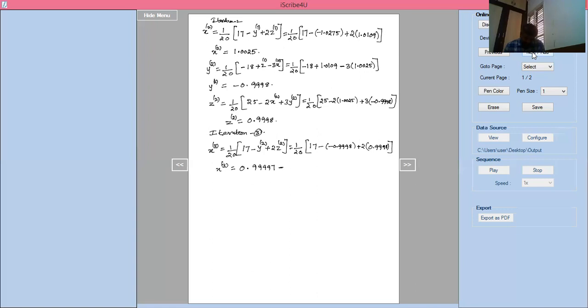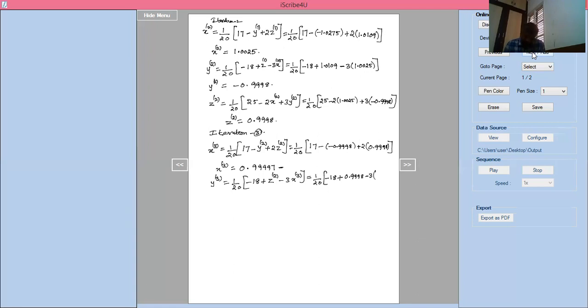Next, y of 3 equal to 1 by 20 into minus 18 plus z of 2 minus 3 into the new value x of 3. In the second iteration, how I have done, the same way I'll continue. So now 1 by 20 into minus 18 plus z of 2, which is 0.998, minus 3 into x of 3.